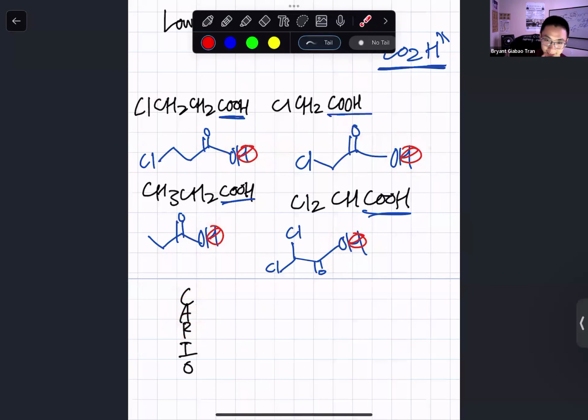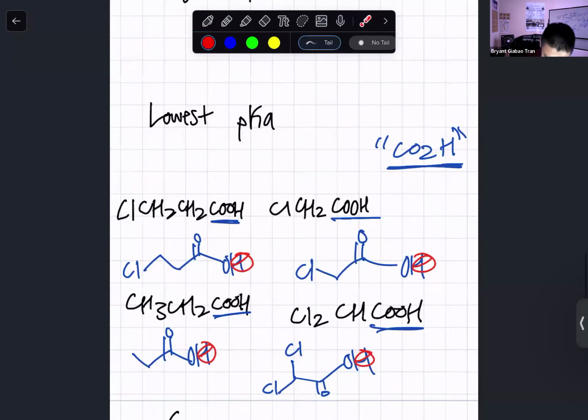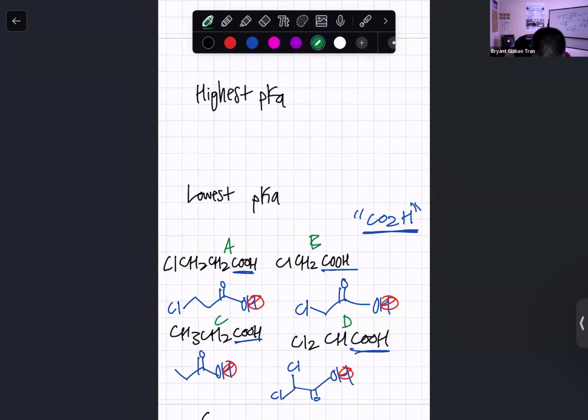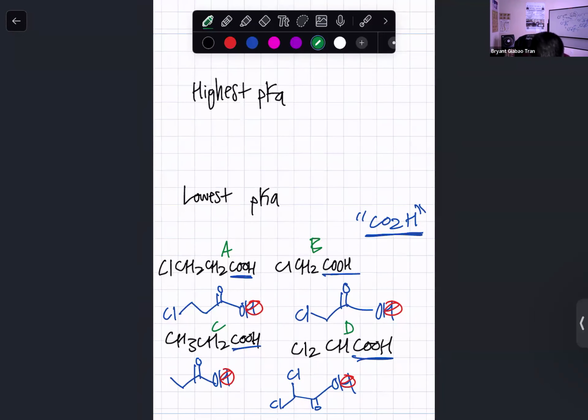And there's 3 scenarios for induction. Let me say this is A, B, C, D. Which one do you think is going to be the most stable or most acidic based on the induction effect? Which negative charge is more stable? D. Yes, D, right?